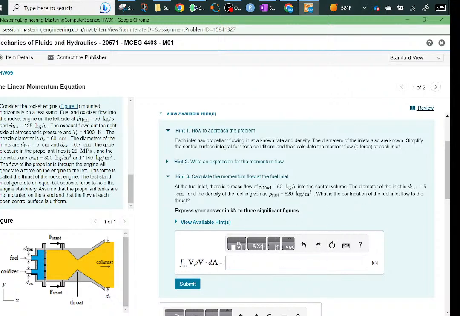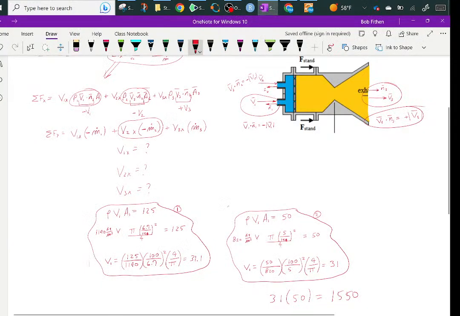So it's that term. It's going to be m dot times the velocity. Did I do my velocity correctly? Okay, let's make sure that I did that part right.